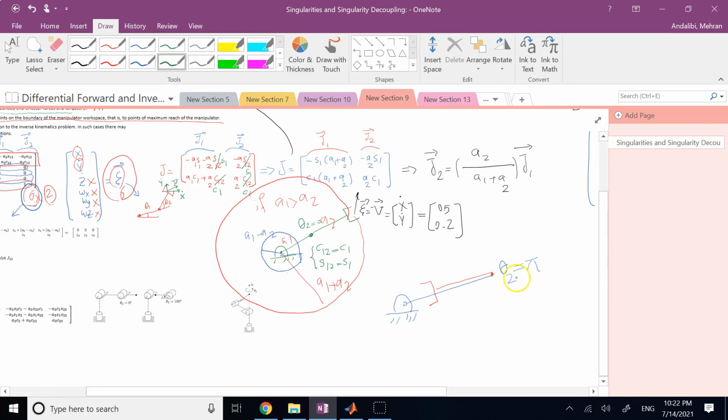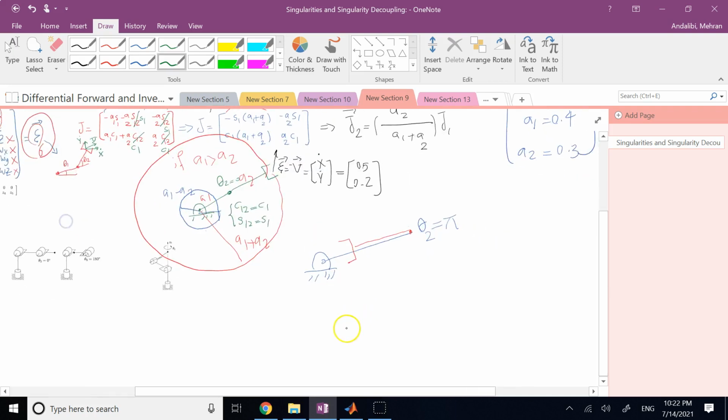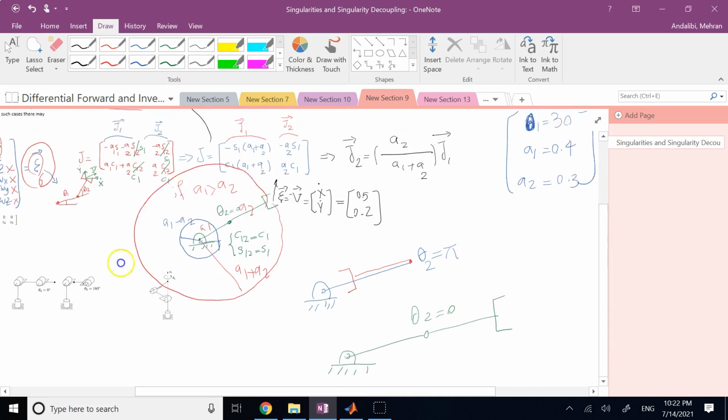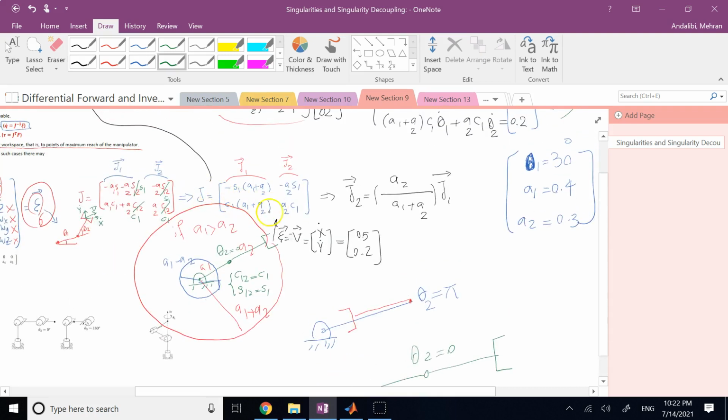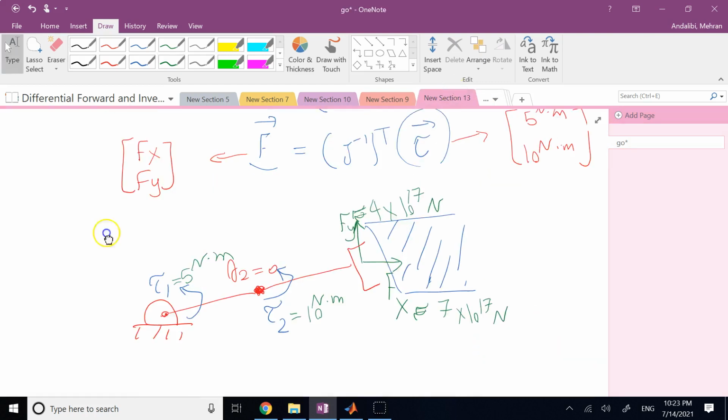One of them is theta 2 equal to pi. The other one was theta 2 equal to 0. These are the two singularities of the 2DOF robot, which you can also find if you set the determinant of this guy equal to 0 and try to solve that transcendental equation, right?